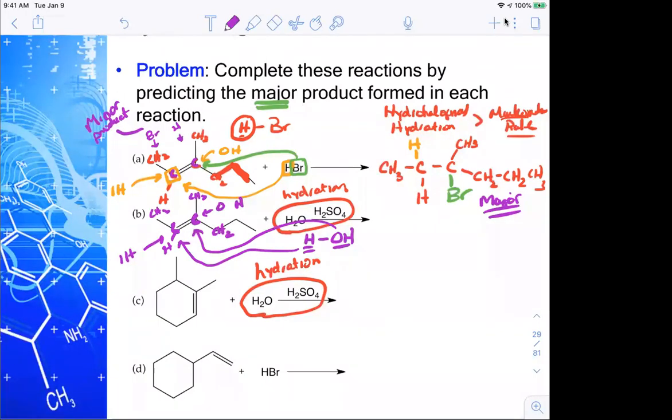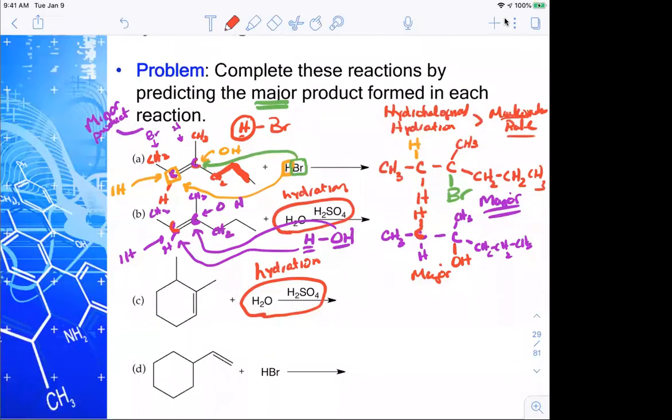So what I get is CH3, C, H, C, CH3, CH2, CH2, CH3, and then here I have my hydrogen and I have my OH. So again, the hydrogen ends up on the carbon with the most hydrogens and the OH ends up on the other one. This is the major product.